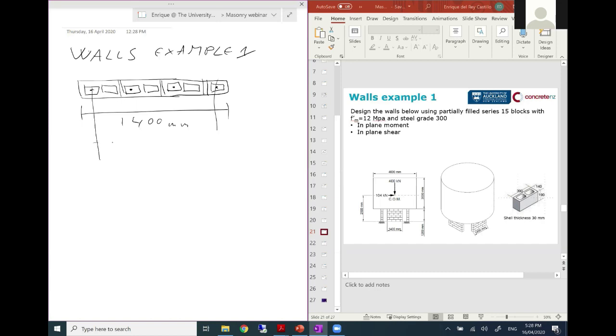And I'm going to say that we have 100 millimeters there. So that is 1200. So basically we have my length of the wall, 1400 millimeters. My LN is 1200 millimeters.